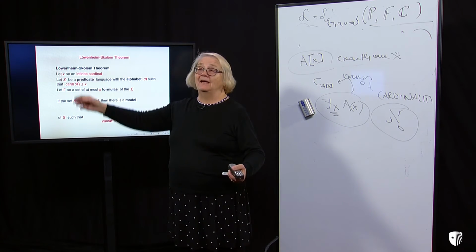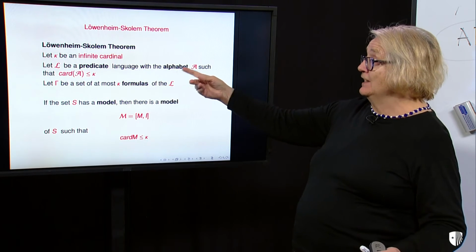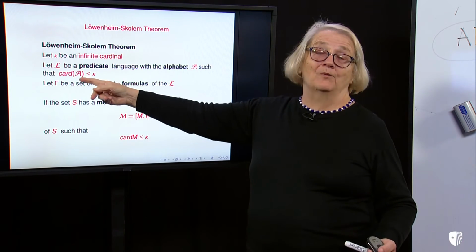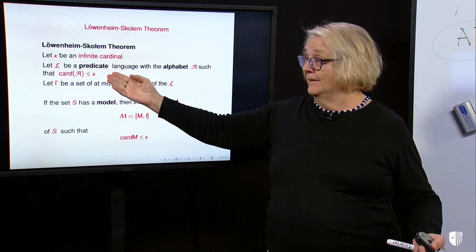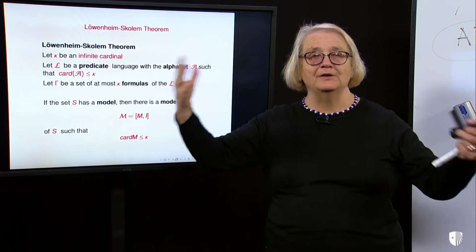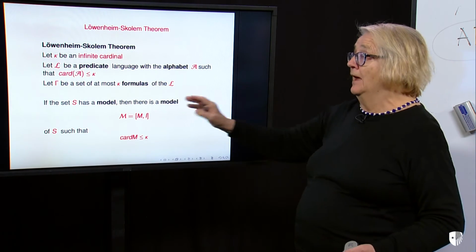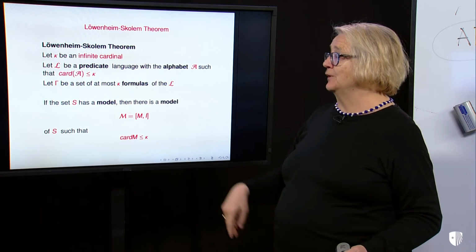So let K be any infinite cardinal, and let L be a predicate language with an alphabet of cardinality less than or equal to K. So you can have an alphabet as many as real numbers, or a subset of real numbers, and you have the whole universe of infinite cardinals. Now, let gamma be a set of K formulas.